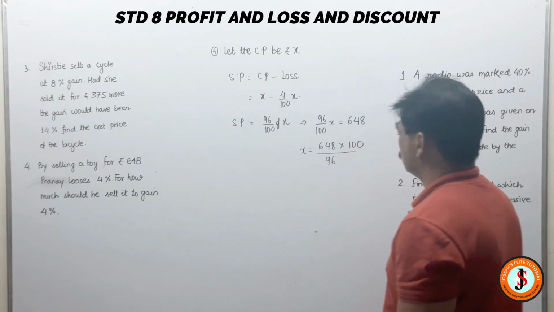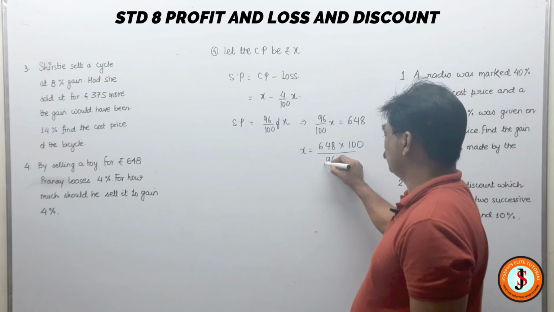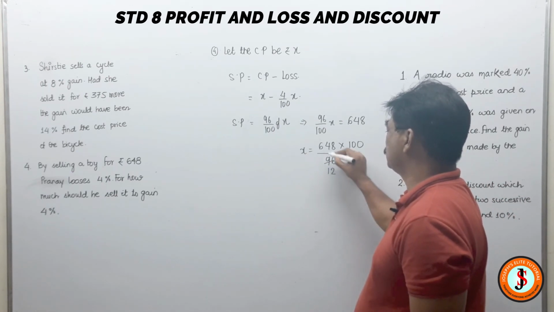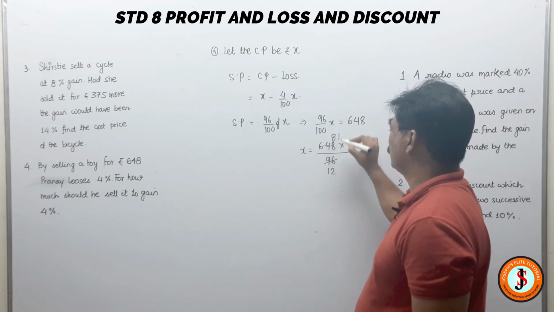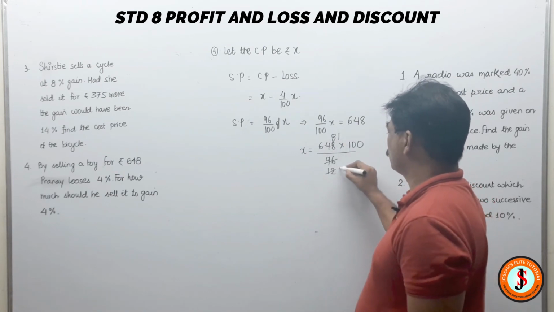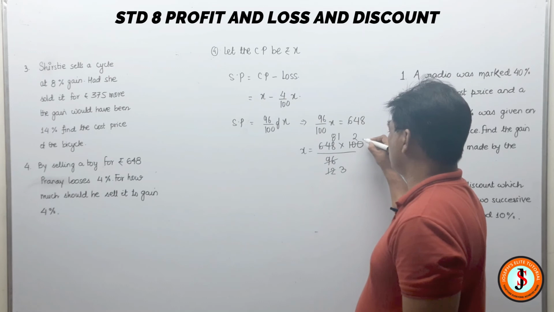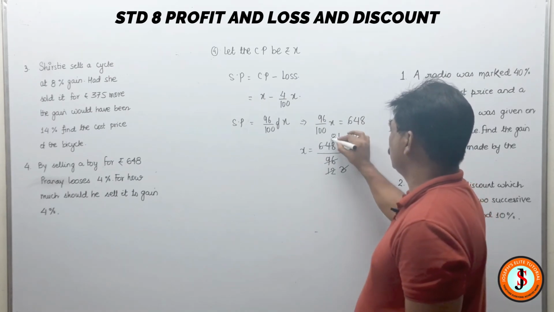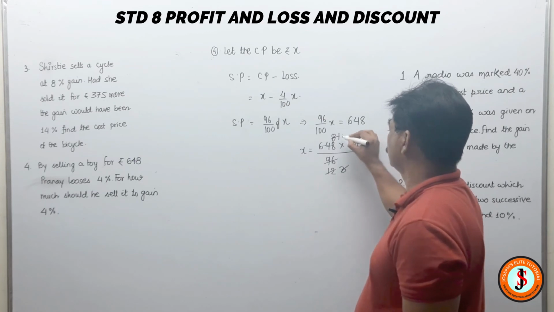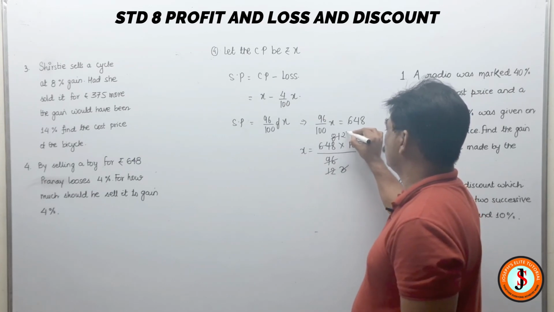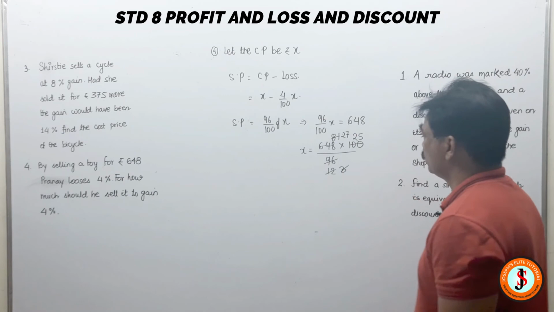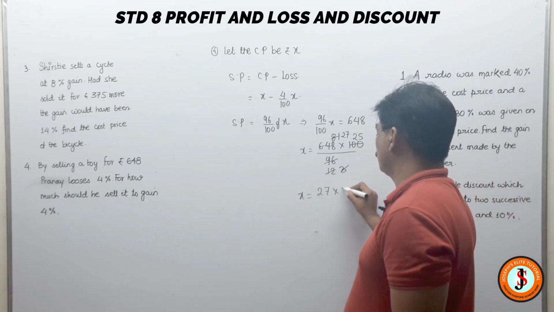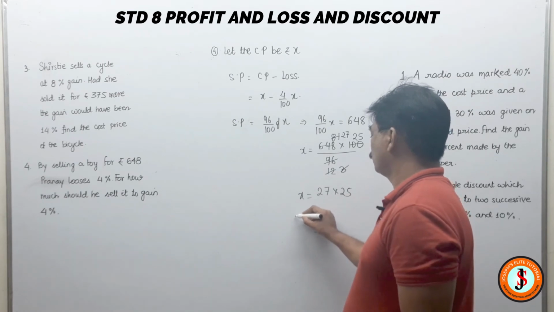Do we have some fast calculation? 8 1s are 8, 8 2s are 16, 8 8s are 64, 4 3s are 12, 4 2s are 8, 4 5s are 20. So X is equal to 27 into 25. Now how much is that?